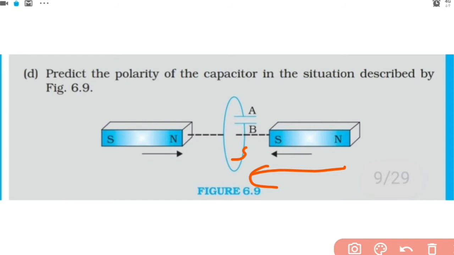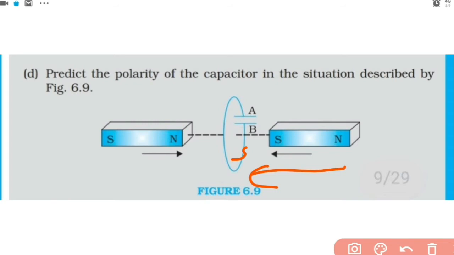So induced current is flowing from B to A, which means there is some local distribution of electrons. Current flowing from B to A means positive charges are flowing from B to A. So positive charges reach A. In that way, we have to think in the case of induced current.